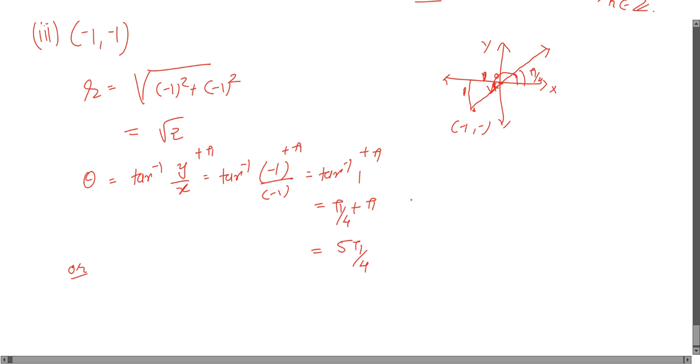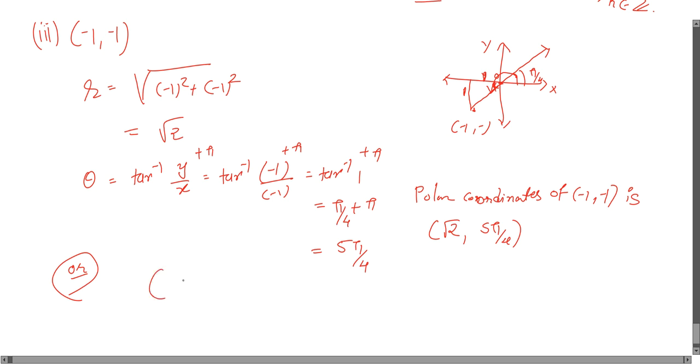So the polar coordinates, let me write here first of all, of (-1, -1) are, the first way, (√2, 5π/4), or you can think about this π/4. So the angle is π/4, and you have walked yourself in the negative direction, and the distance you have walked in that negative direction is √2.